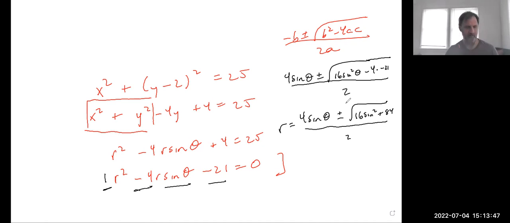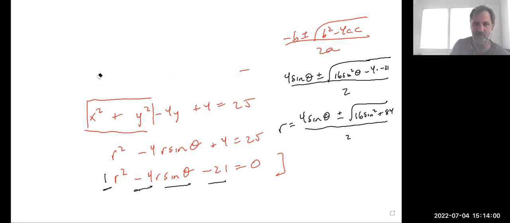There is a common factor of 4 that could clean this up, so I might as well do that. There's a common factor of 4 in this, so I can factor that out. Let me do it over here, compartmentalize it a little bit just so you can see what's happening. So I've got the square root of 16 sine squared theta plus 84.